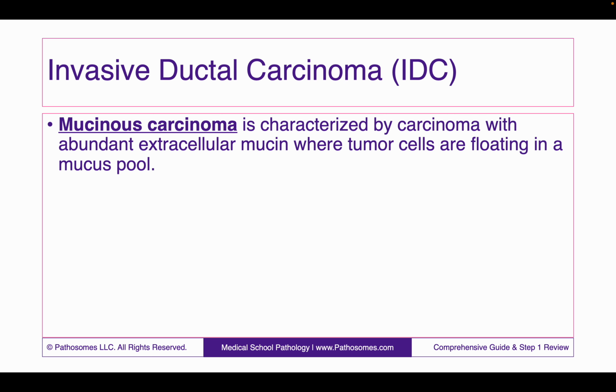In regards to mucinous carcinoma, that is characterized by carcinoma with abundant extracellular mucin, hence mucinous carcinoma. There's abundant extracellular mucin, where tumor cells are floating in a mucus pool.